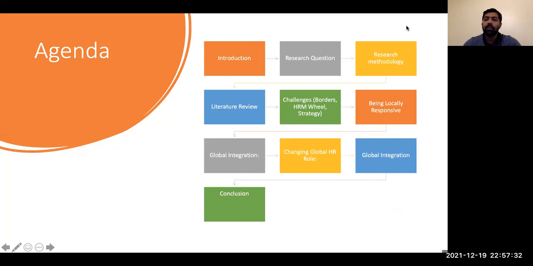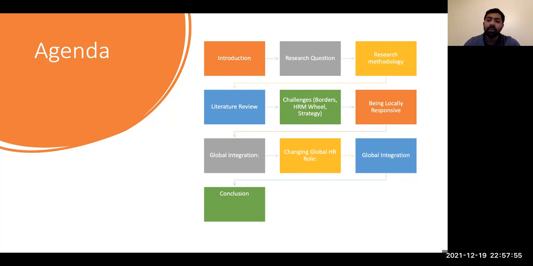So here is my agenda. I'll start with the introduction, then introduce the research question, followed by the research methodology. Also, literature review, challenges across the border.